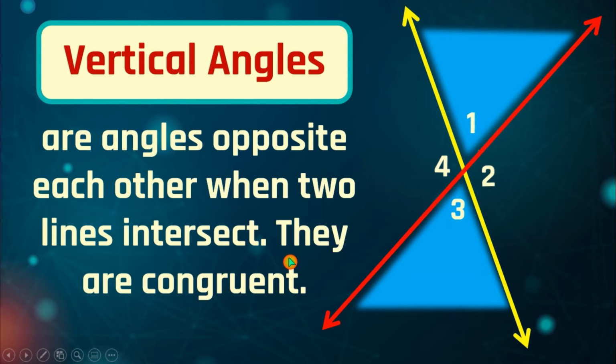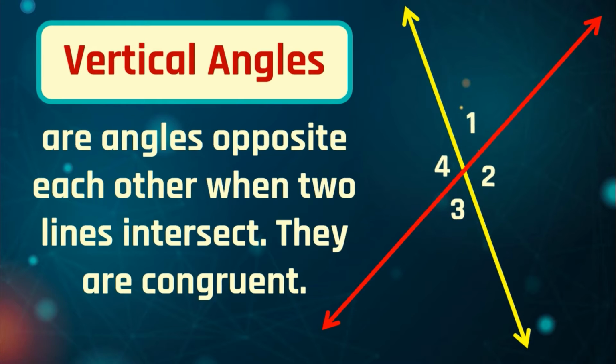And it has been said that vertical angles are congruent. So, meaning, kung si angle 1 daw ay 60 degrees, therefore, si angle 3 ay 60 degrees din ang binuka niya.